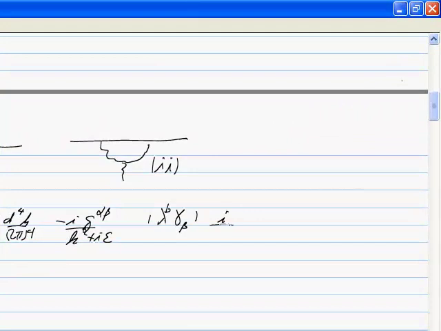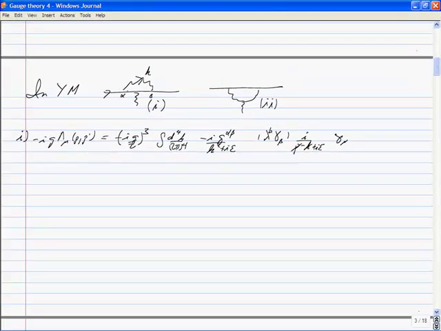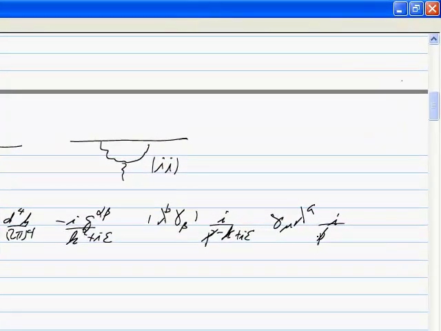I have i over p slash minus k slash plus i epsilon, so that becomes k. This is p minus k. I have that gamma mu lambda A, i over p prime slash minus k slash plus i epsilon.